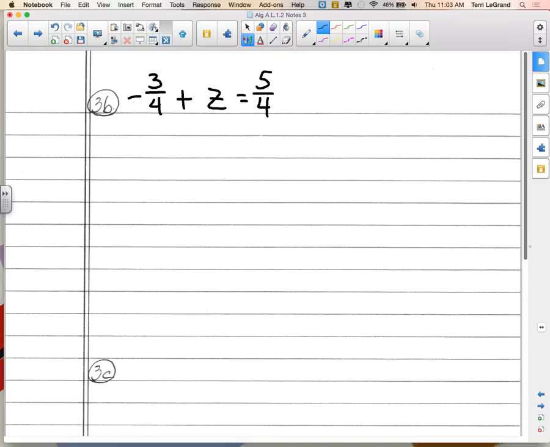Yeah, because they both equal what? 9. So I can read this backwards because it has addition, and I can see that negative 3/4 is being added. So to undo adding a negative, what do we do? Add its opposite. So we're going to add 3/4 to both sides. Not subtract. We're going to add 3/4 to both sides.